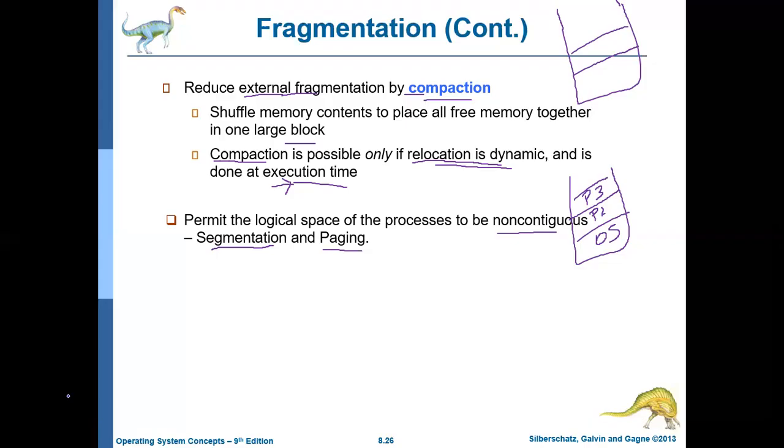The CPU generates a logical address, and that is compared with the limit register. Only if the logical address generated is less than the limit register will the CPU be allowed to access memory. Before accessing memory, the logical address is added to the content of the relocation or base register, and then the physical address is generated.